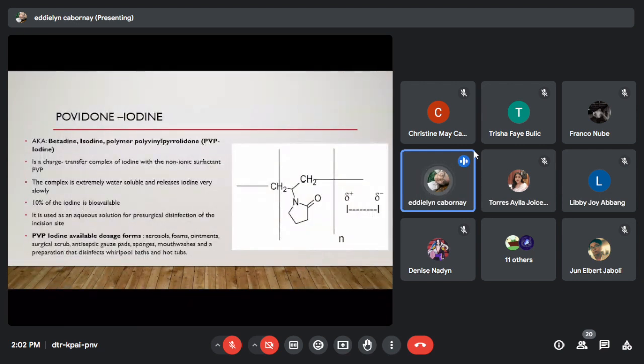So we have povidone iodine. Povidone iodine, which has the common brand Betadine, is also called Isodine, polyvinyl pyrrolidone, or the PVP iodine.